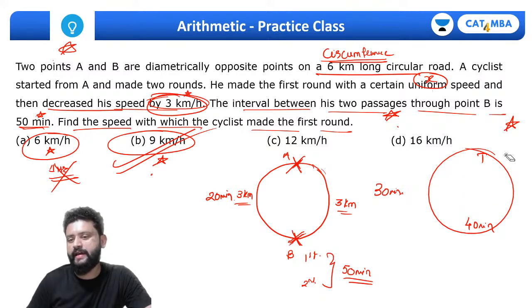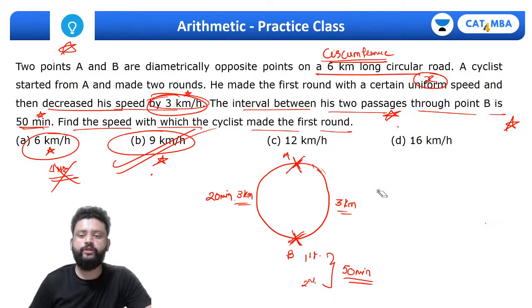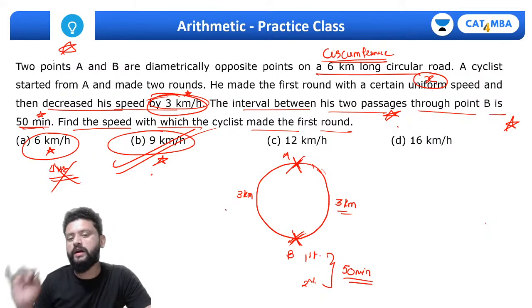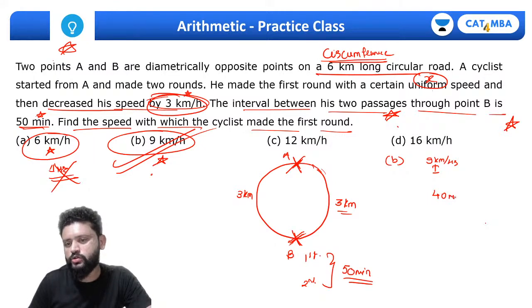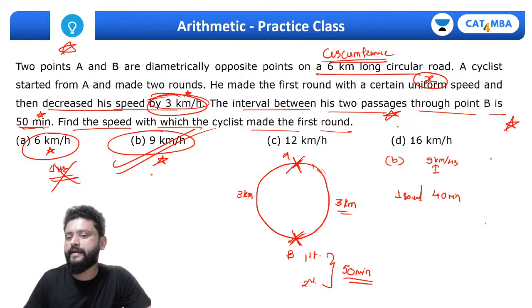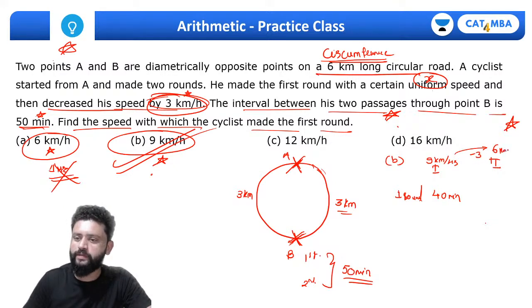Look guys, it's simple, forget about this. I don't write 30 minutes here. This is a round of 6 kilometers. The first round has to be completed. I'm trying answer option B. My speed is 9 kilometers per hour in the first round. I'll be traveling with the speed of 9 km per hour. It will take me 40 minutes to complete one round. And in the second round, I'll decrease my speed by 3, to 6 km per hour.